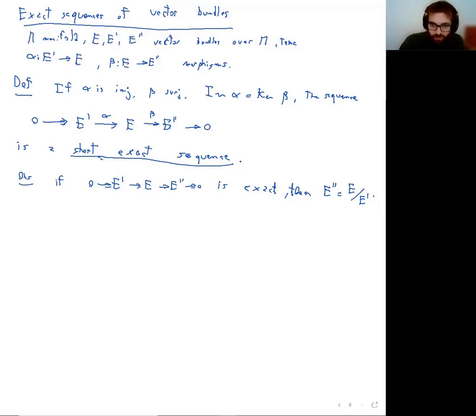There is also the so-called rank formula. So prove that the rank of E prime plus the rank of E second is the rank of E.